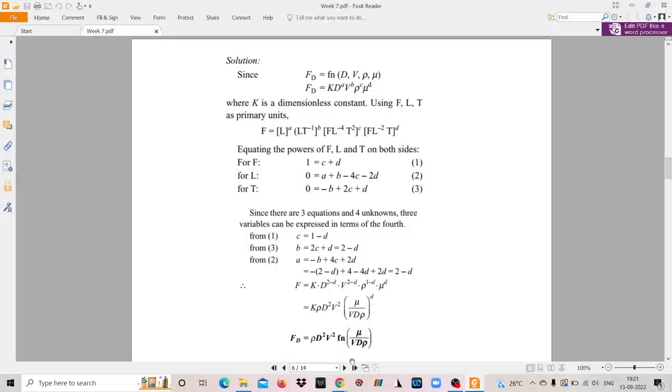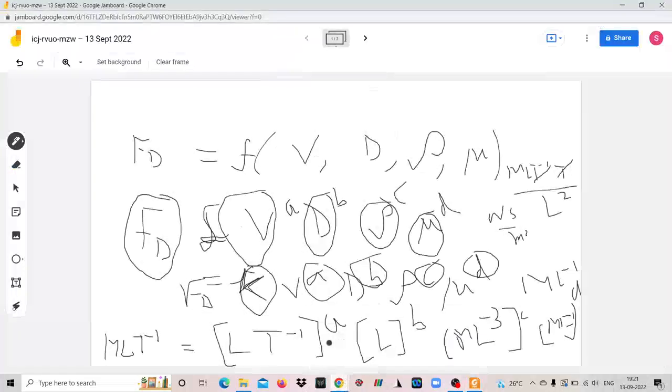Now let me come to the disadvantage of Rayleigh's method. If you write this equation, how many unknowns are there?